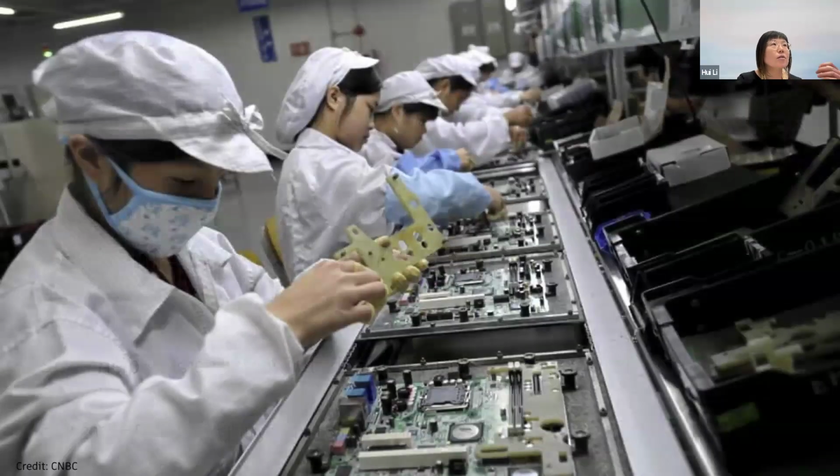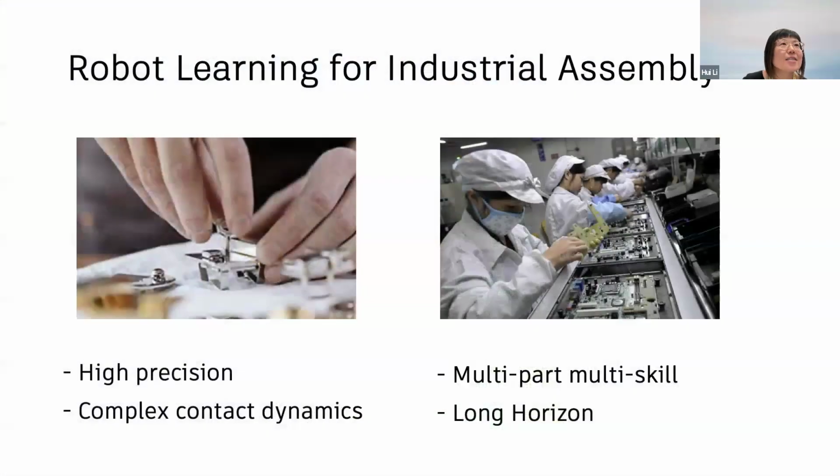Okay. So when we look at assembly, it is still the least automated process in industry due to the contact-rich nature of it and also the high mix nature of it. So today I want to look at two levels of challenges of assembly.